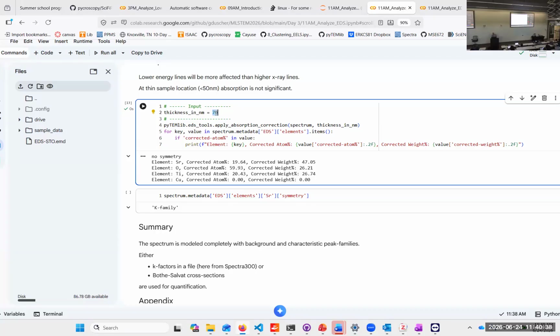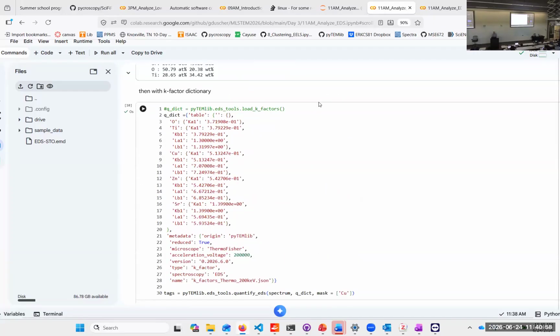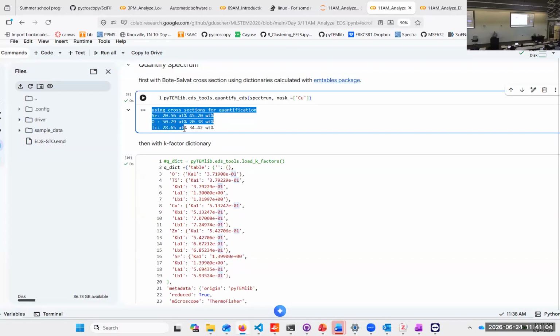Still not fitting this page. Double check your oxygen peak, whether it's fitted correctly. $49. Yeah, that is exactly what I got with, did you load my quantification dictionary? Because this is exactly what we get here when we do without the quantification dictionary.